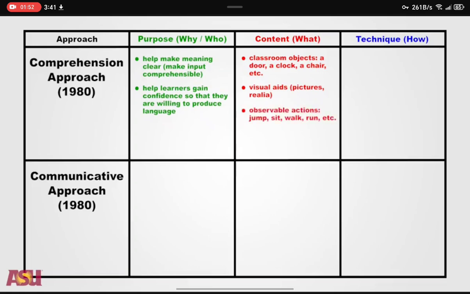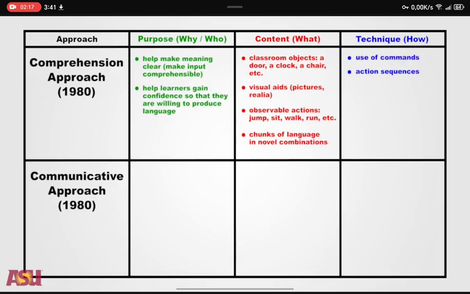Teachers also use observable actions like jumping, sitting, opening the door, etc. They combine these actions and objects in new and sometimes nonsense ways to make language input that is fun for students. They typically use command forms of the language and may string several commands together to form a sequence of actions for students to perform.